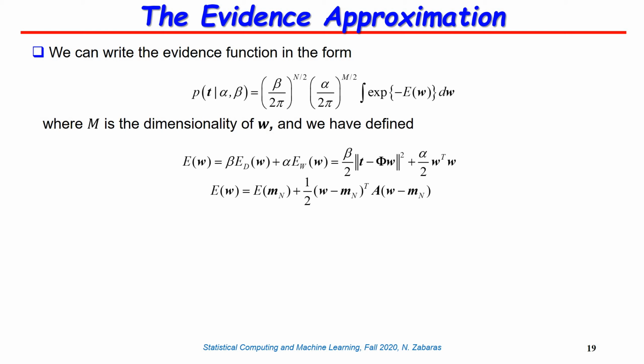You're going to have a constant term, and by the way, I'm doing the Taylor series expansion around the posterior mean of W. So I'm going to have E evaluated at the posterior mean of W, that we call Mn, and then a linear term that I'm going to come back to, and a quadratic term where A is nothing else but the second derivatives of E of W with respect to W.